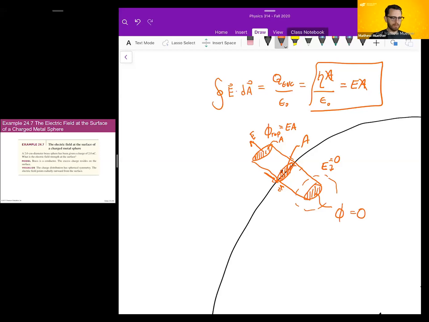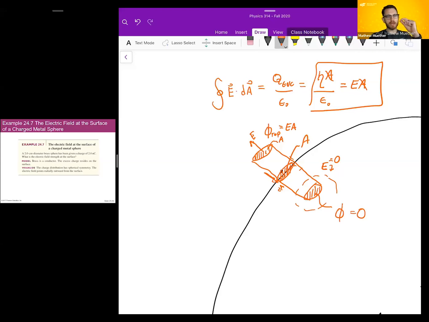Again, that's an interesting result we can get by knowing a few things: the symmetry and some of the underlying features of the shape of the field that have to come from the charges, and also knowing that the field internal to the conductor has to be 0. We can quickly find what the electric field strength has to be very close to the surface of the conductor.